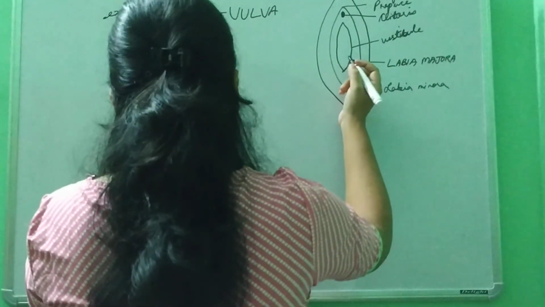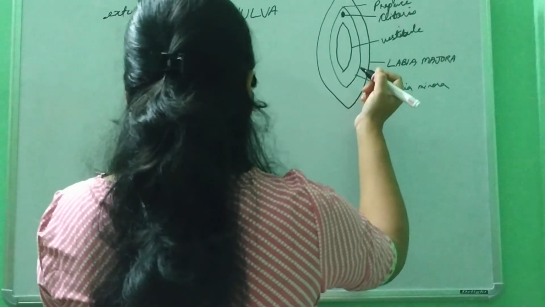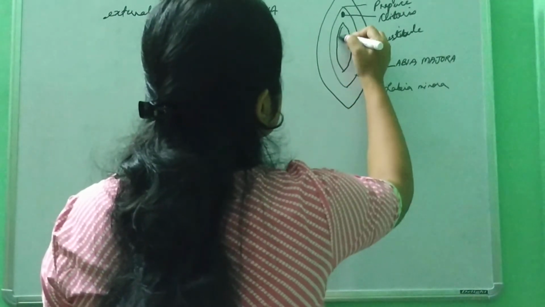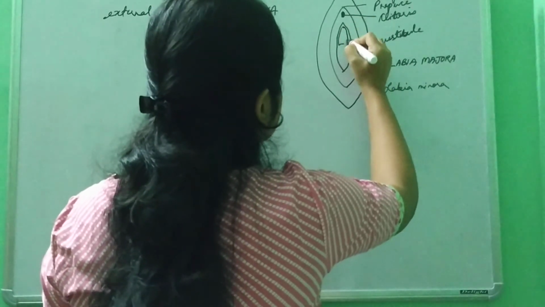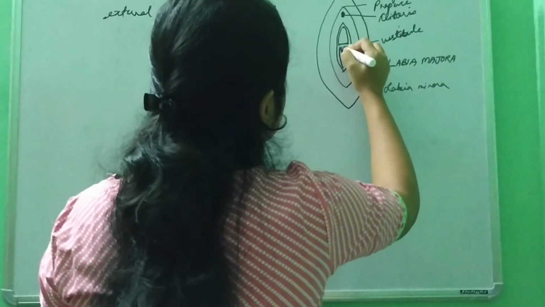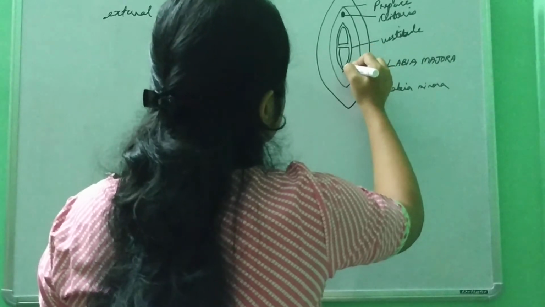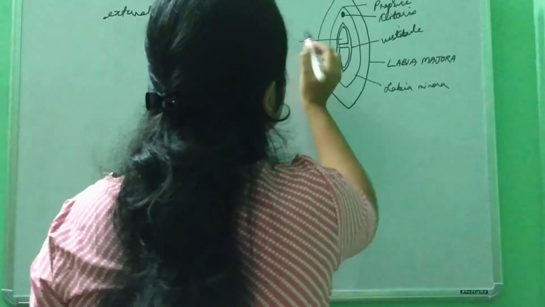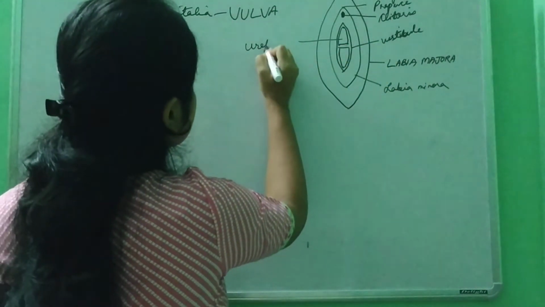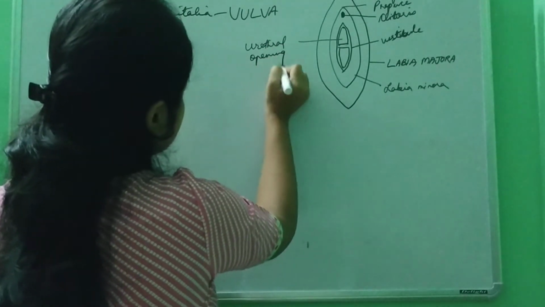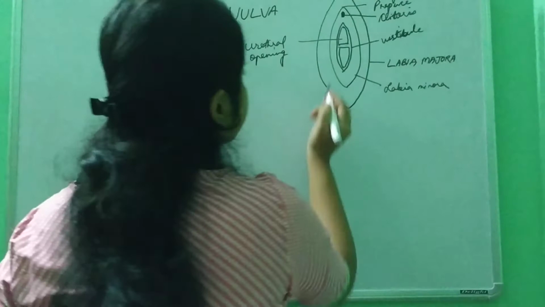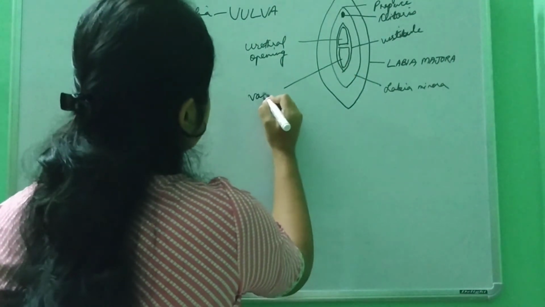Then this vestibule part has two openings. This is the urethral opening for the urine to pass. This is the vaginal opening.